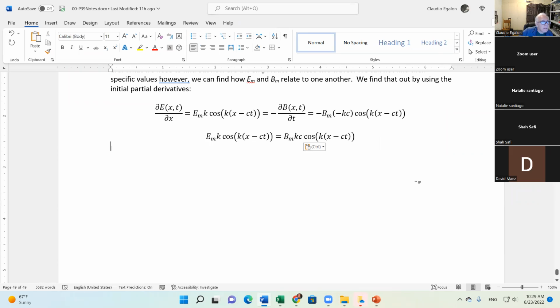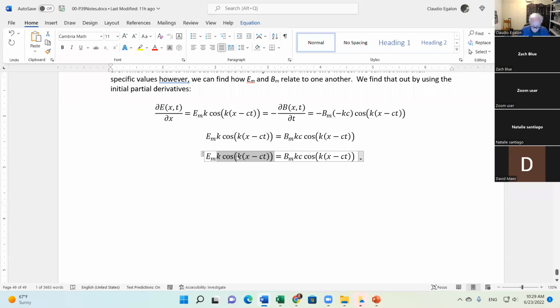And then cosine is going to cancel out this cosine. k cosine is going to cancel out this k cosine. Right? That's going to be the next step here. And we finally have a relation between B sub m and E sub m.